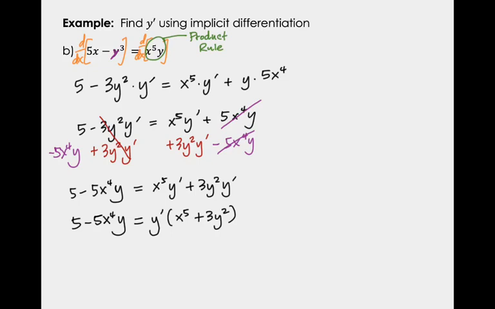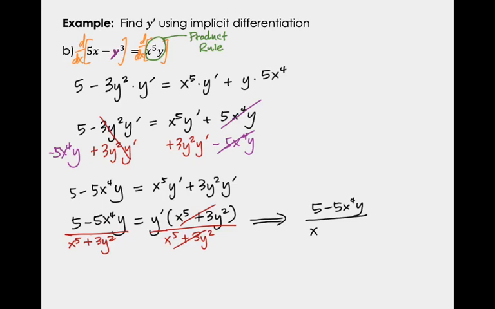And then we'll divide both sides by x to the fifth plus 3y squared. All right, and that leaves me with y prime. On the left, I got 5 minus 5x to the fourth y over x to the fifth plus 3y squared.